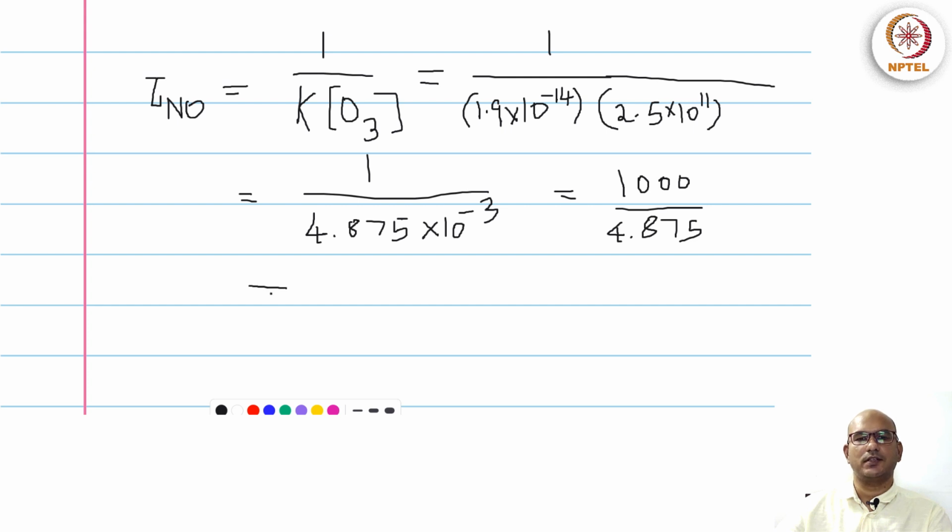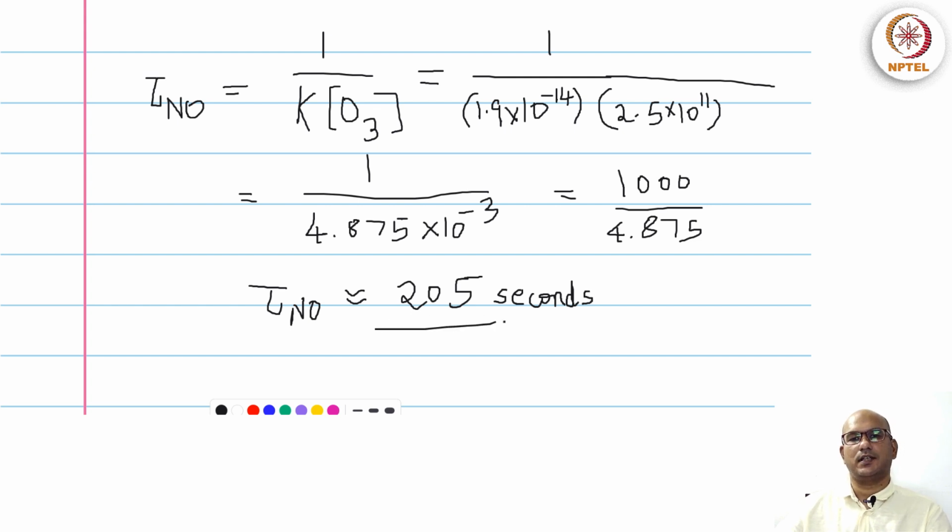So once we solve this, we get tau NO is approximately equal to 205 seconds. So this is the answer.